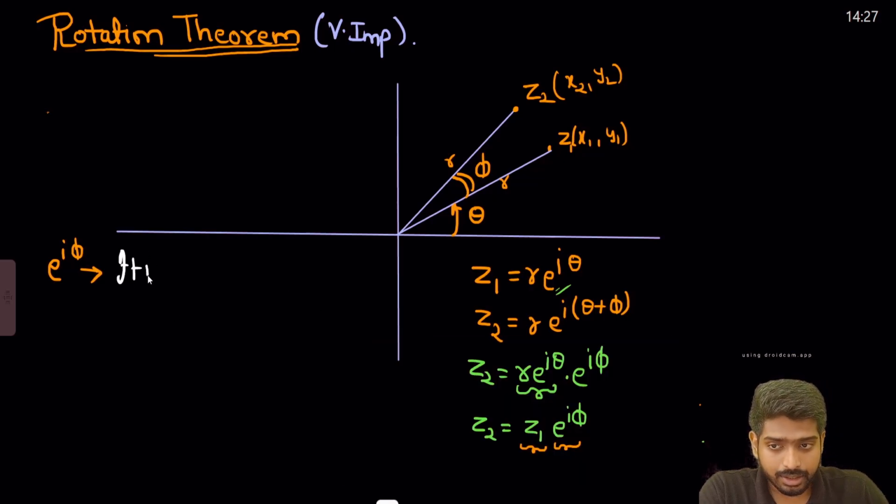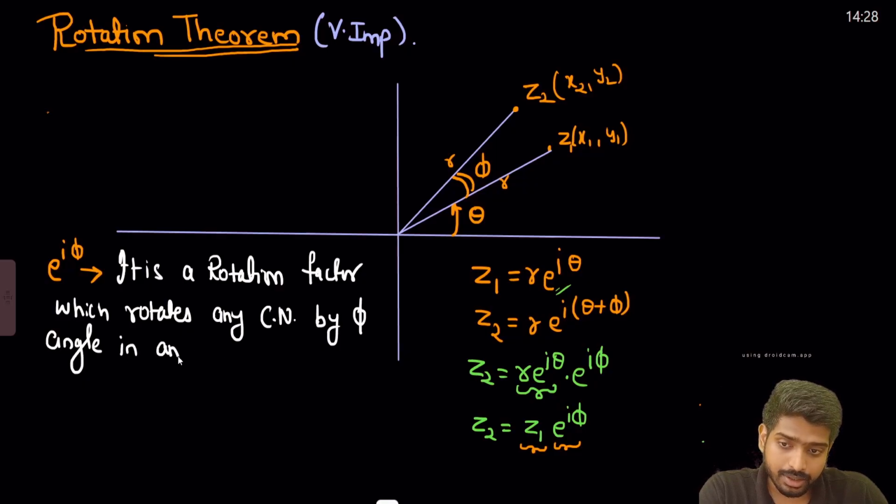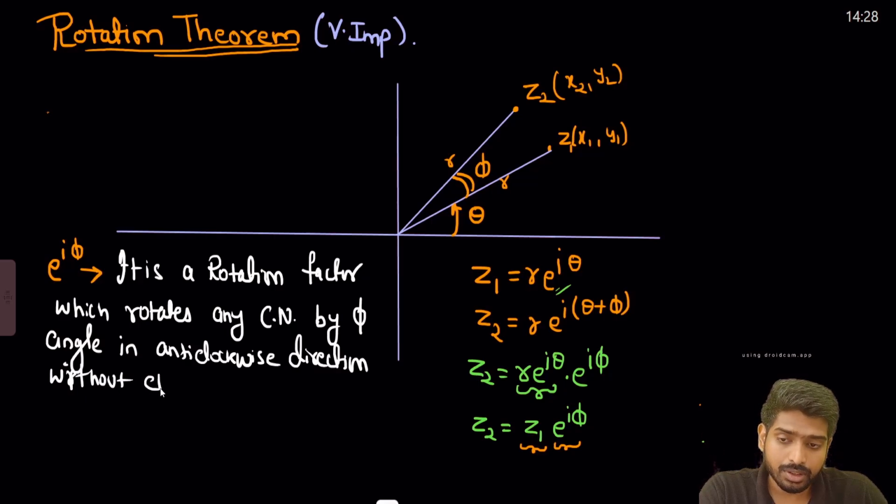It is a rotation factor which rotates any complex number by phi angle in anti-clockwise direction without changing its magnitude.